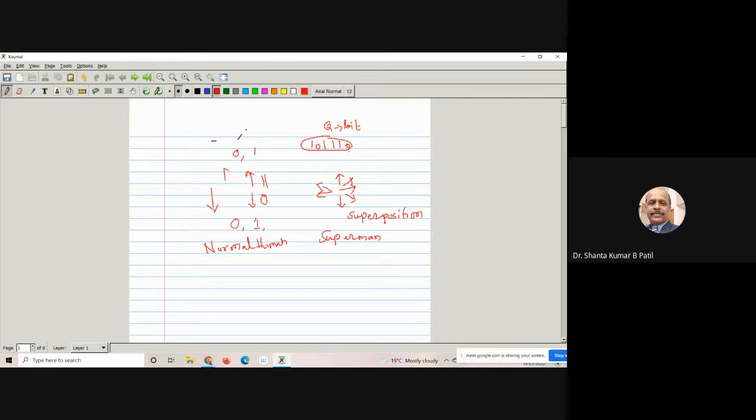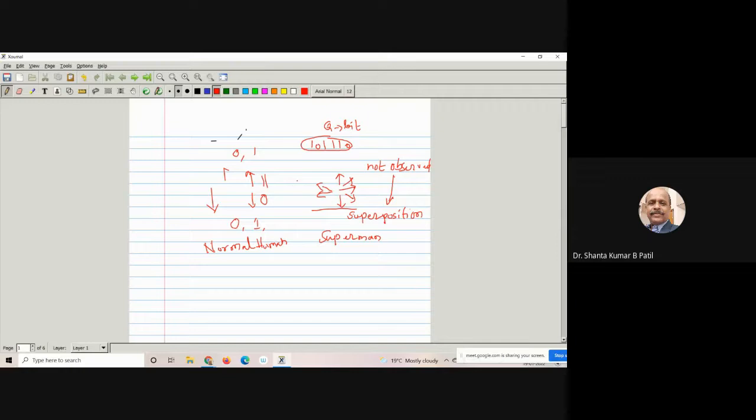But the disadvantage of this quantum bit is it acts like a superposition when it is not observed. When it is observed, it behaves like a binary number.